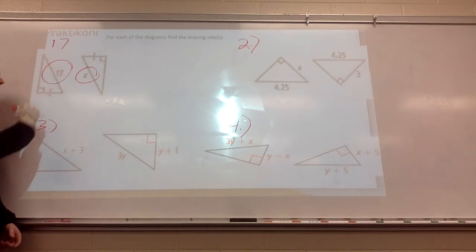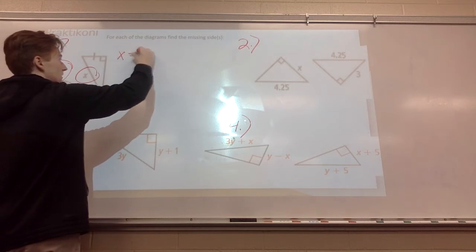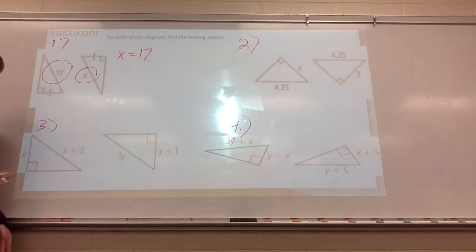Well, if this hypotenuse is 17, that means for this one, x has to be 17. Number 1, pretty straightforward. Number 2, the exact same thing. You just have to figure out, is x 4.25 or is x 3?